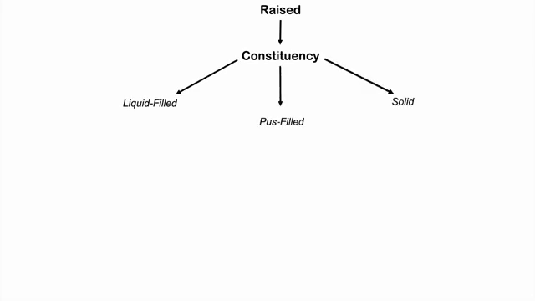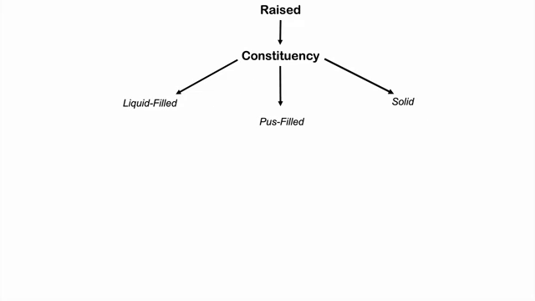And you get macules and patches and papules and plaques. Now, there are actually other terms we can use for raised skin lesions. We actually have to look at the constituency of the lesion in order to name it or describe it. So the constituency can either be liquid-filled, pus-filled, or solid. So it's a raised skin lesion, and we break it down into what it is really made up of.